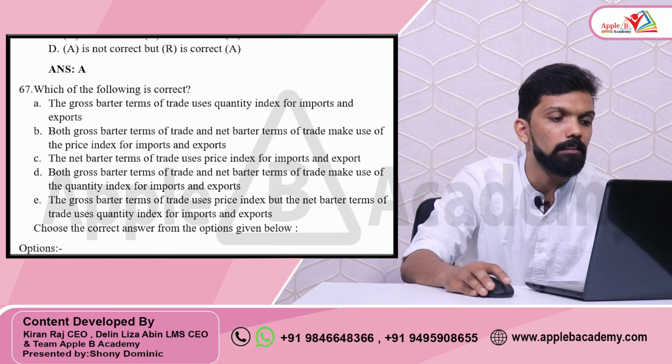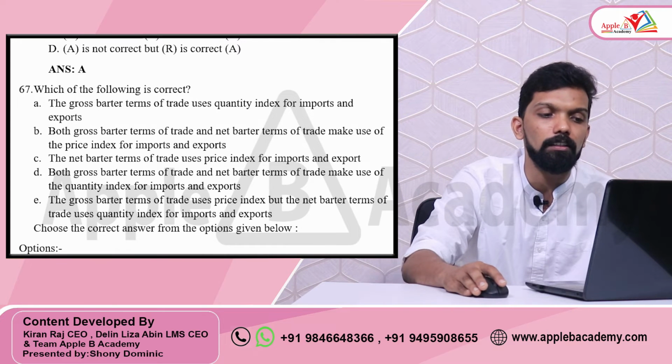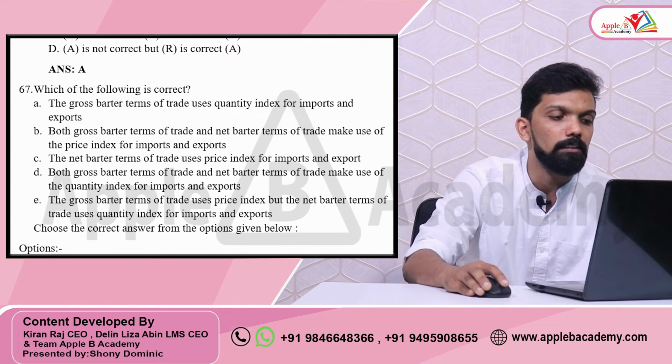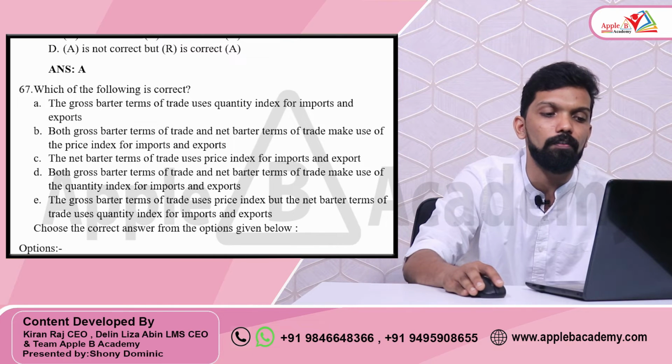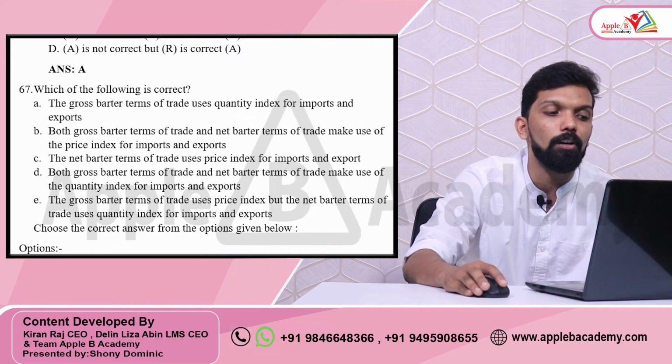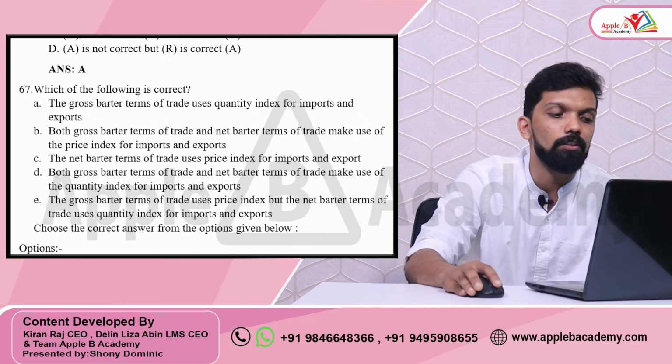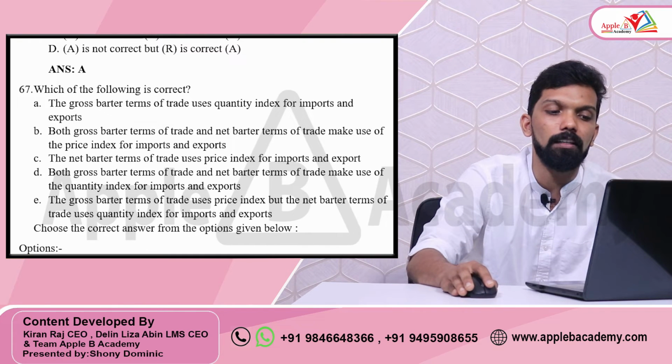B: both gross barter terms of trade and net barter terms of trade make use of the price index of imports and exports. C: the net barter terms of trade uses price index for imports and exports. D: both gross barter terms of trade and net barter terms of trade make use of the quantity index of imports and exports. E: the gross barter terms of trade uses price index, but the net barter terms of trade uses quantity index for imports and exports.